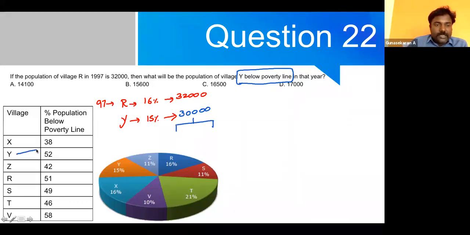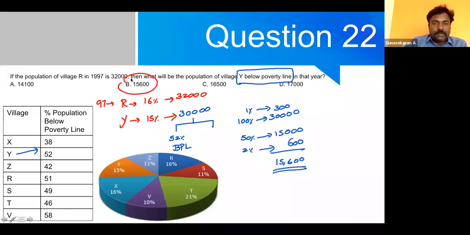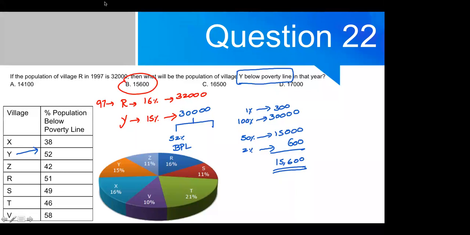Why is the BPL percentage given as 52%? 100% is 30,000, which means 50% is 15,000. 1% is 300, 2% is 600. So 15,600. Understand the question. Slowly try to understand the question and then proceed.